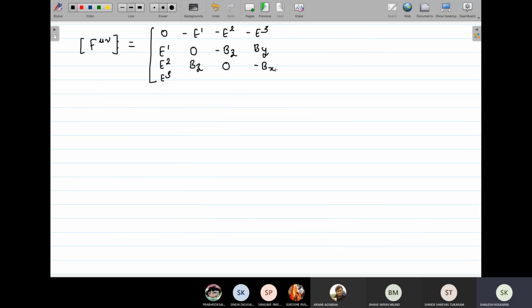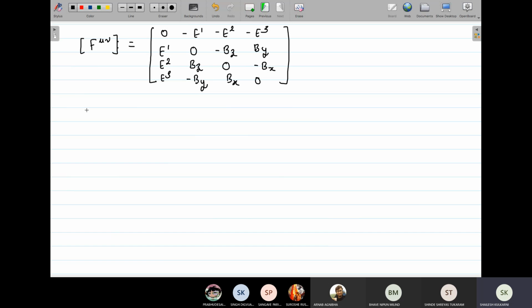If this is minus Bx, then this will be Bx, and the diagonal is 0. So I have a matrix for F mu nu. It's not a big deal. You just write the components in the matrix. That's it.